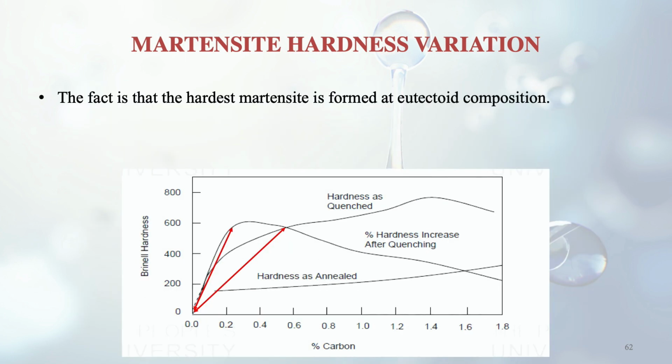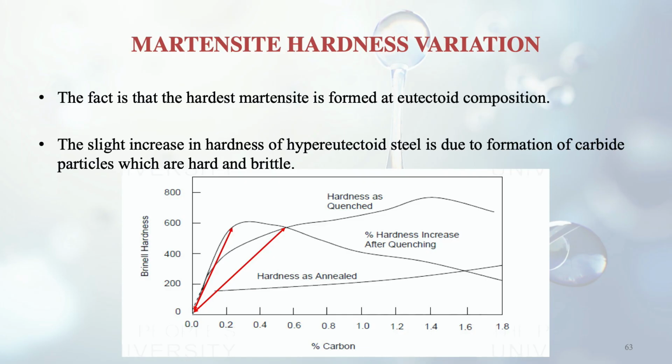The fact is that the hardest martensite is formed at the eutectoid composition, that is 0.8% of carbon. This is the hardest martensite. The slight increase in hardness of hypereutectoid steel is due to the formation of carbide particles, which are hard and brittle. So the reason behind the graph going up slightly beyond 0.8% is the formation of carbide particles, which also increase the hardness.